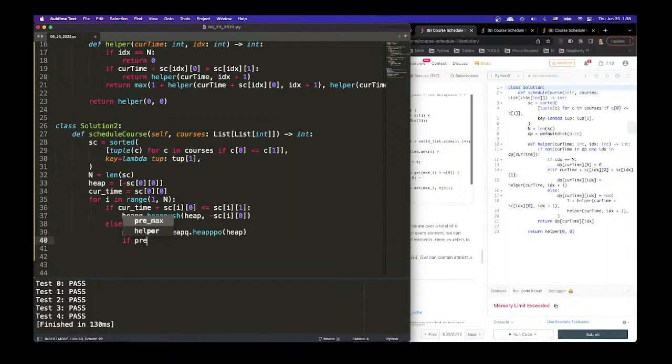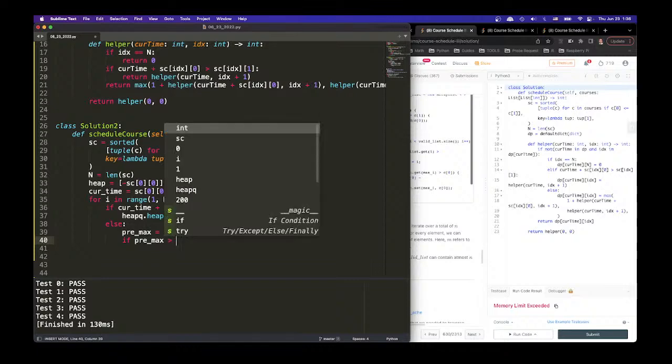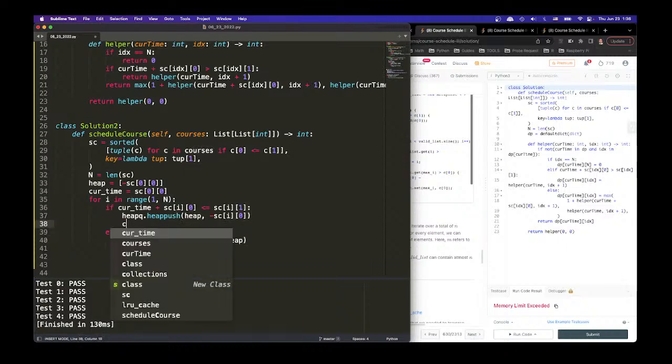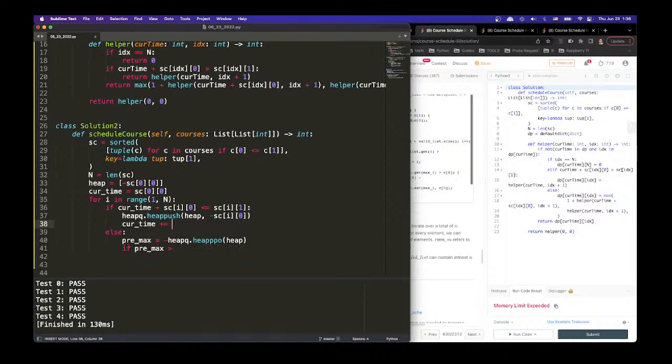Then we say if previous max is larger than, not actually current time, it's actually current time plus equal to ci0. So if it's larger than ci0, then we do the swap.